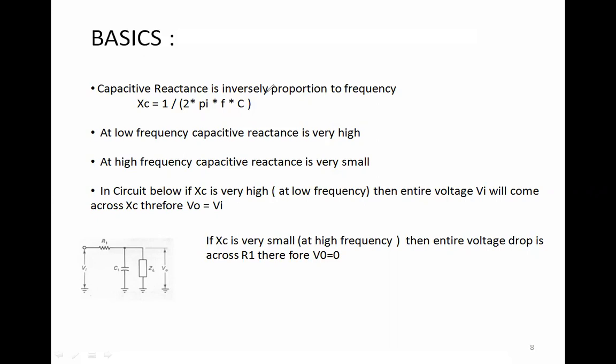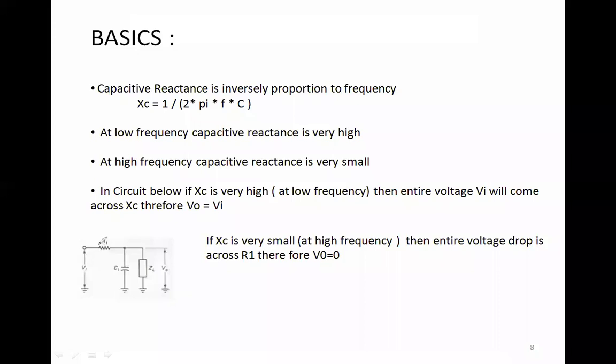Now in the circuit that you can see here below, if XC is very high, then the entire voltage VI will come across XC, therefore V naught is equal to VI.